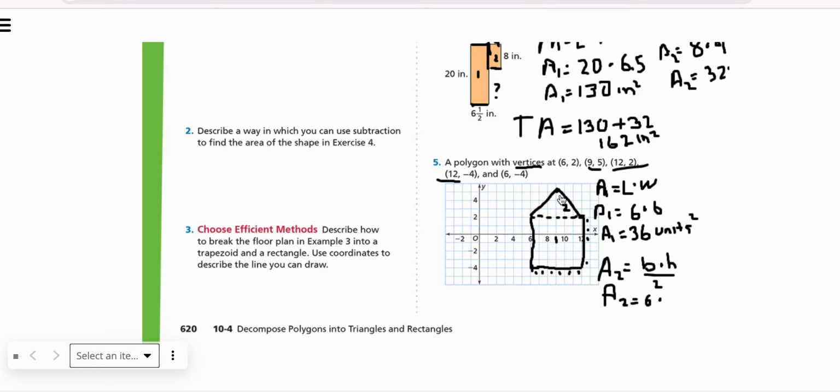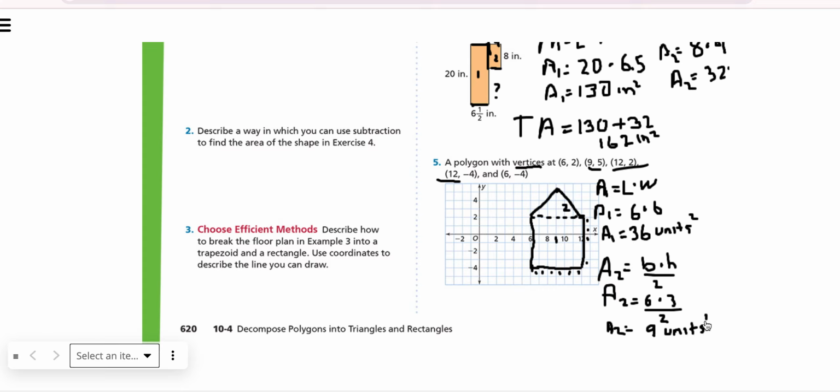The height is going to be from the top to the bottom. So you see, from top to bottom we have 1, 2, 3 units. So 6 times 3 and then divided by 2. Okay, so area of number 2 is equal to 6 times 3 is 18, and 18 divided by 2 is 9. So this gives you 9 units square.